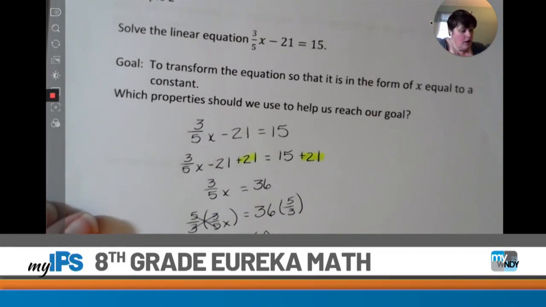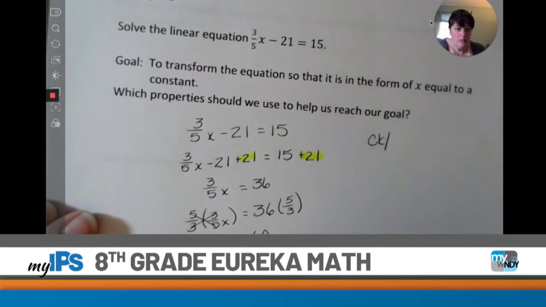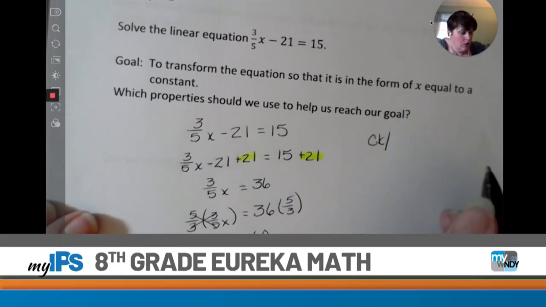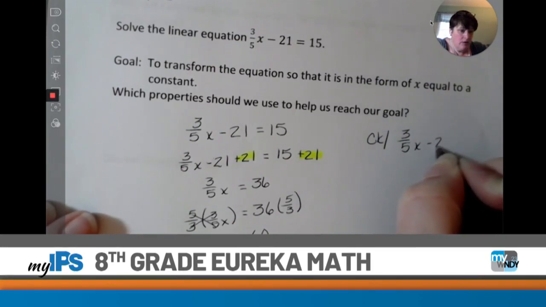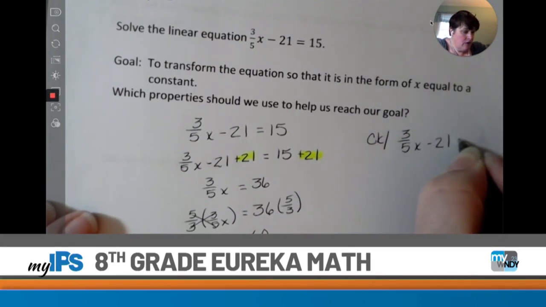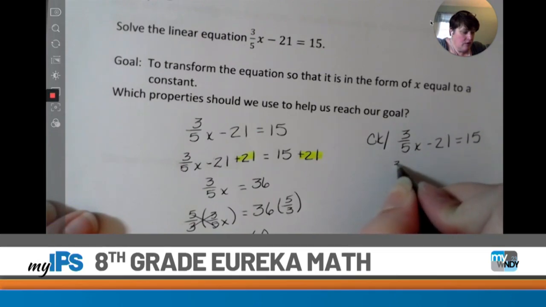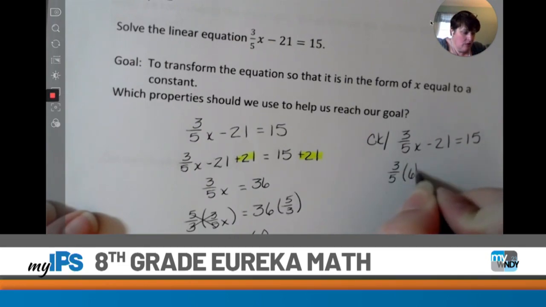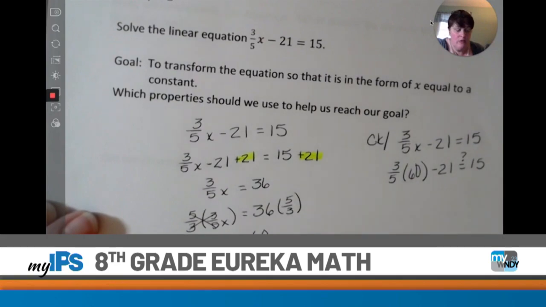All right, let's do our check. 3/5 x minus 21 equals 15. 3/5 x, so x is 60, minus 21, that should equal 15. That's what we're trying to see if it's true or not.